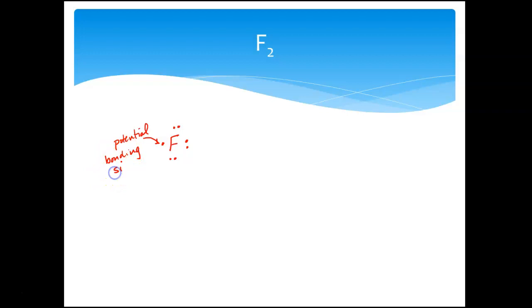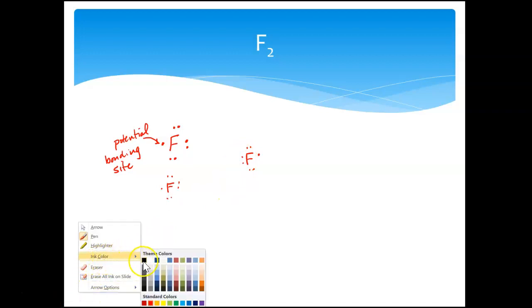So, potential bonding site. Now I have 2 fluorines, each having their one potential bonding site, so they can beautifully bond together. And I'll go ahead and start color coding my electrons so that it makes it a little clearer.